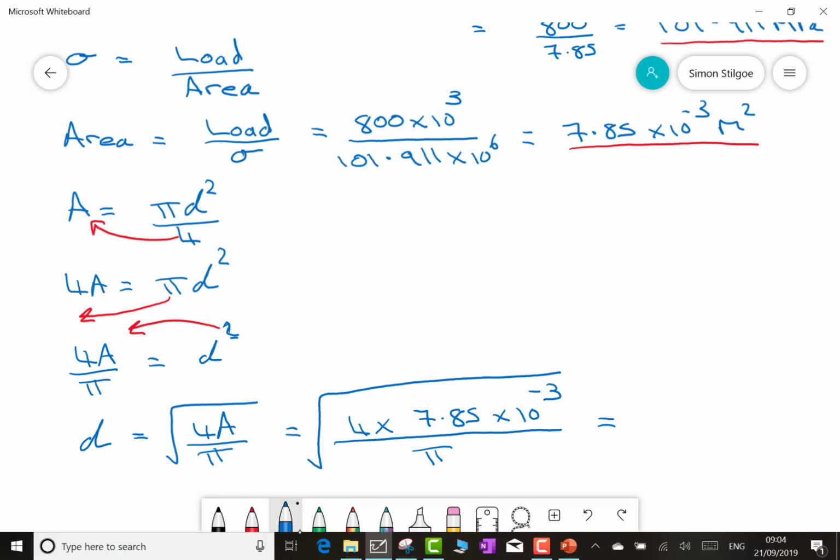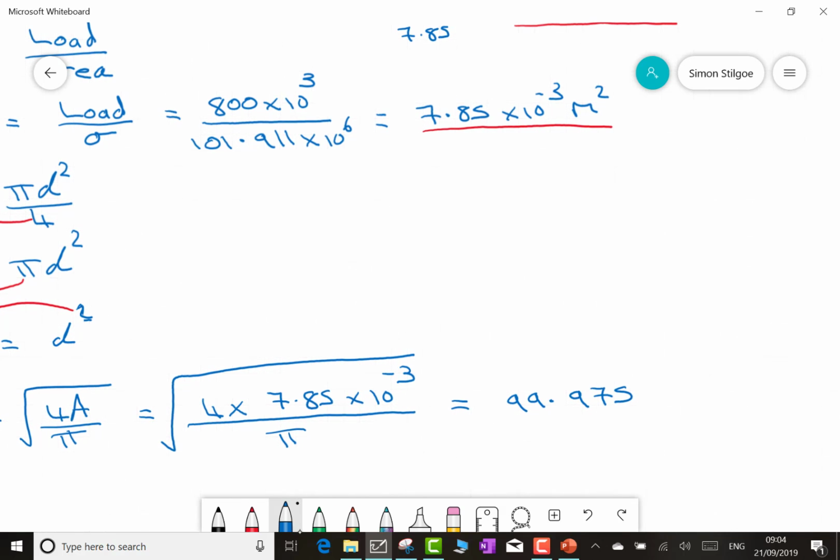If you push all of that through your calculator and then press your engineering button to make it a little bit more palatable, we can express it as 99.975 millimeters, where your calculator should be telling you that it is in 10 to the minus 3, which is milli, of course.